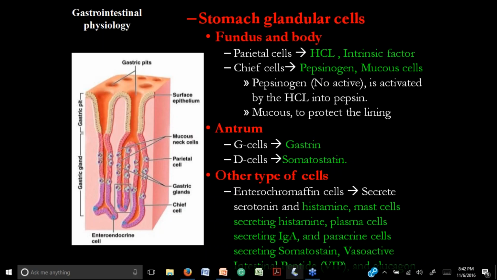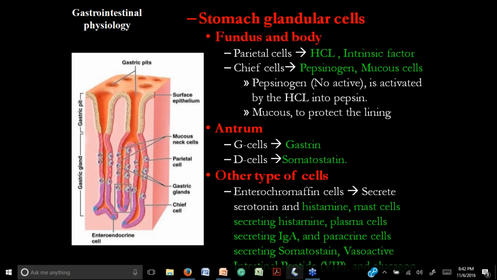We have in the antrum two types of cells, the gastrin cells and the somatostatin cells. Somatostatin I call the referee of the whole GI tract, because for everything that is stimulated and released, somatostatin inhibits these secretions.